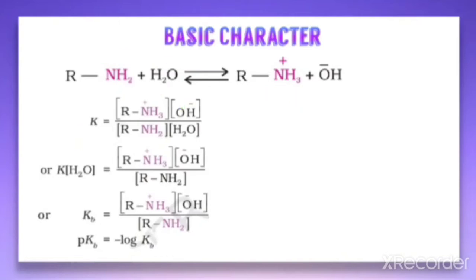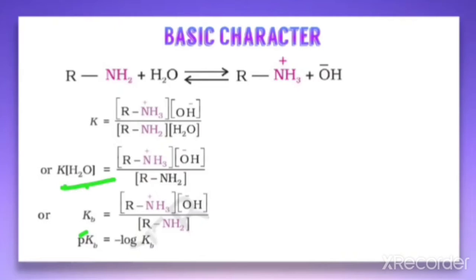As the concentration of a pure liquid can be taken as a constant, the concentration of water can be taken as constant. Therefore we can take K into the concentration of H2O together as a new constant, that is Kb.